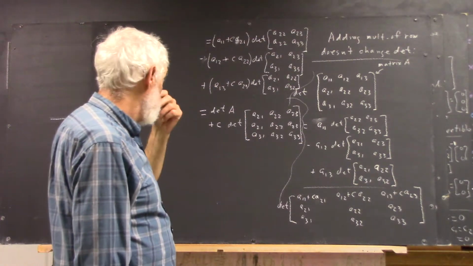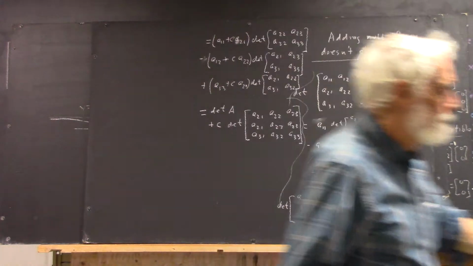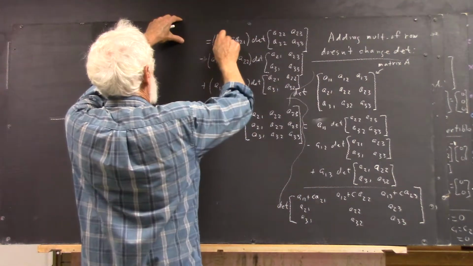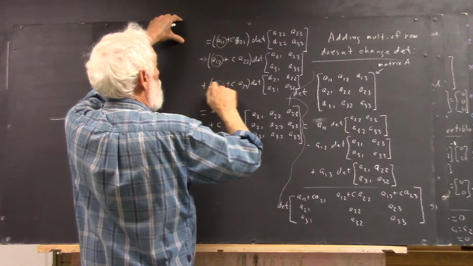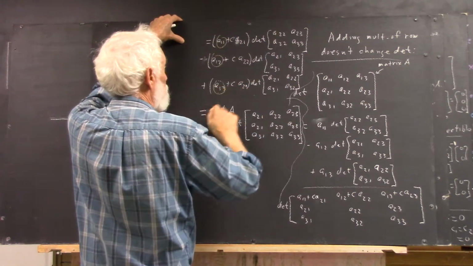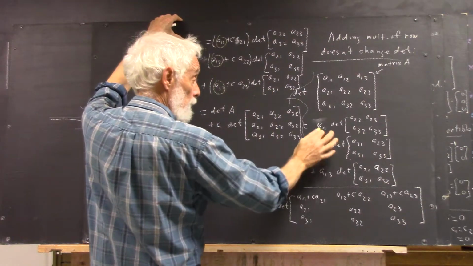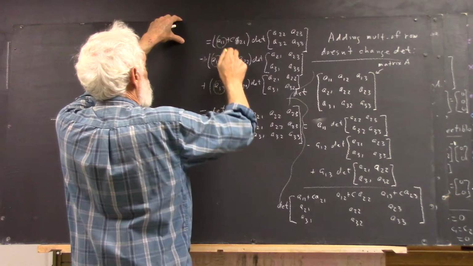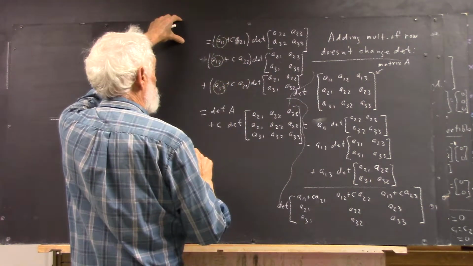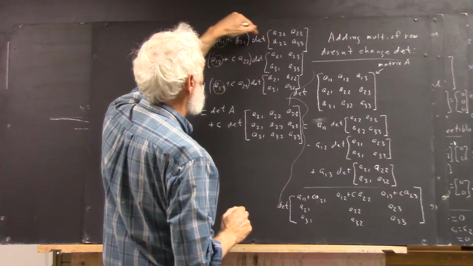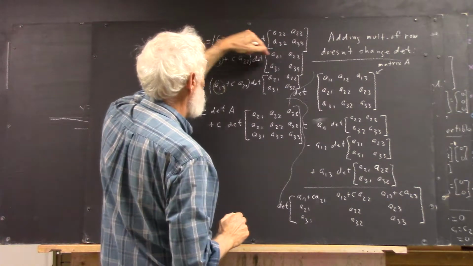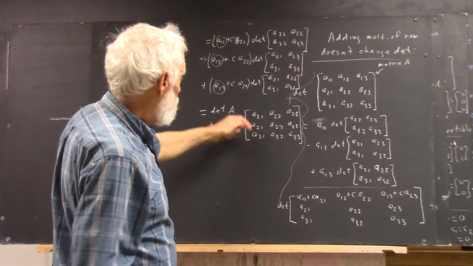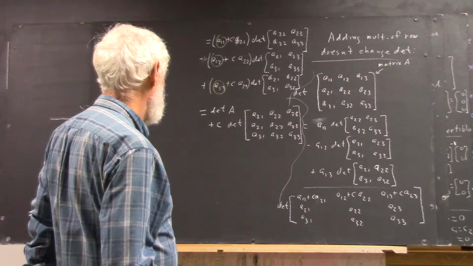Again, I'm not going to write out the details because of time and other factors. But these three factors times these three determinants are just this. There's your determinant of A. And to that you add C times the determinant, well, it's going to be A21 times this minus A22 times this plus A23 times this. And it turns out that's just the determinant of this matrix.